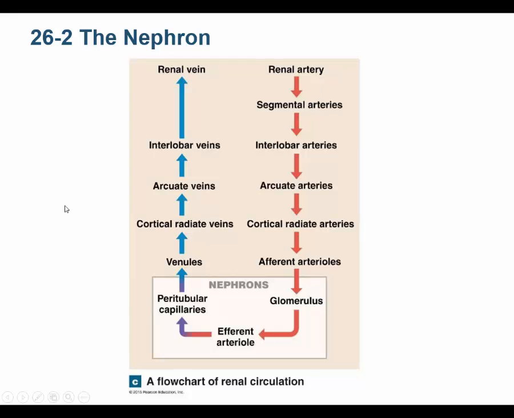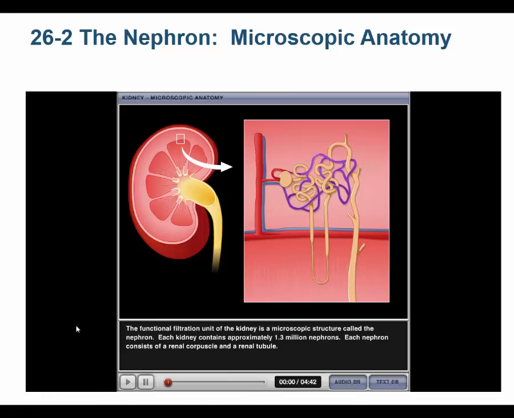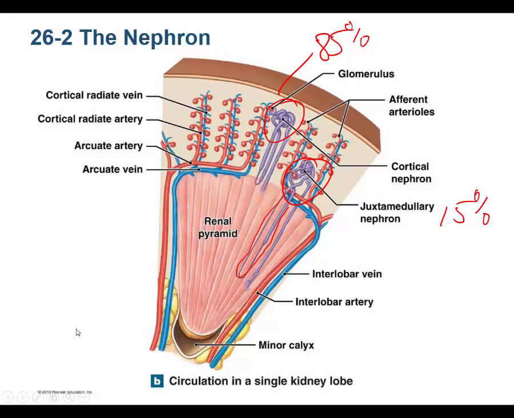This is the blood flow, and you can see that afferent arterioles go into the capillary bed and efferent arterioles come out of the capillary bed. Now, if you are a cortical nephron, the efferent arterioles go to peritubular capillaries. However, if you are a juxtamedullary nephron, the efferent arterioles go to vasa recta. Let me go back.